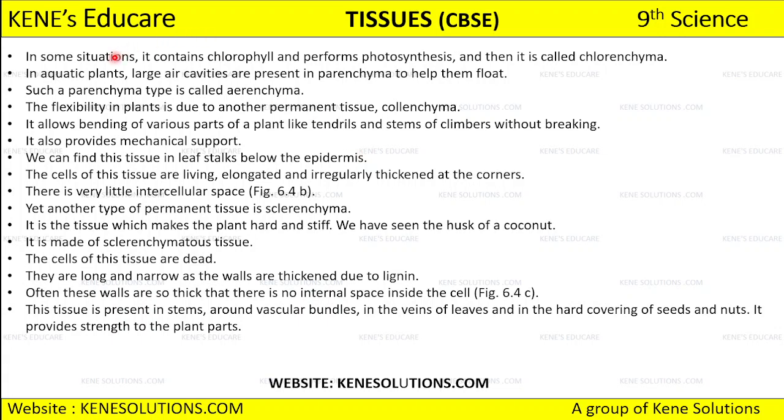Now see, in some situations, it contains chlorophyll and it performs photosynthesis. I have already told you कि कुछ situations में, अगर हमारे permanent tissue के पास chlorophyll है and it is performing photosynthesis, then we call it chlorenchyma. और अगर हम aquatic plants की बात करें, then aquatic plants have large air cavities in the parenchyma, and this helps them to float.